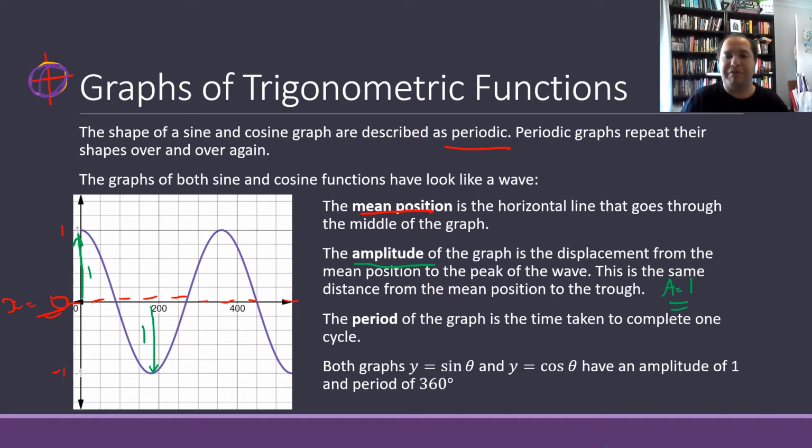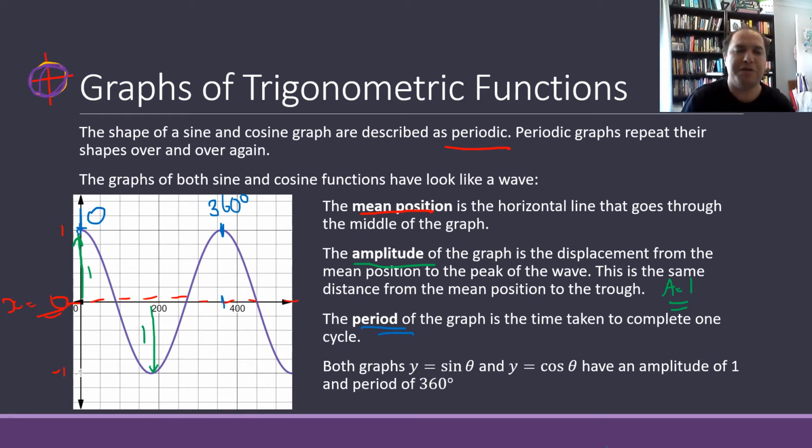The period of a graph is the time taken to complete one full cycle. Looking at our graph here, we might start at a peak at 0, and then we get back to that peak up here. It's a bit hard to read, but you might be able to guess: we get back to our peak at 360 degrees.